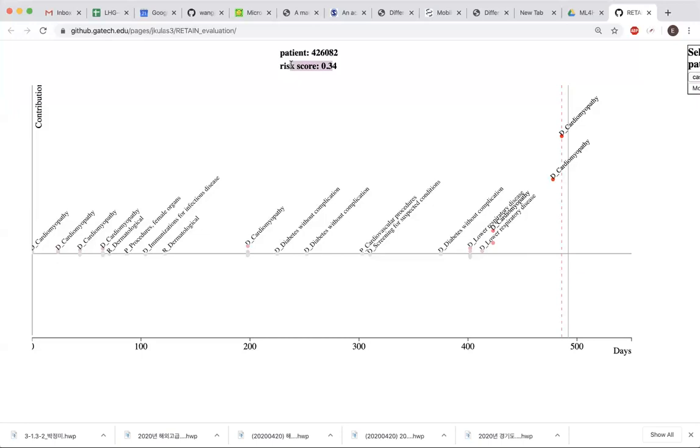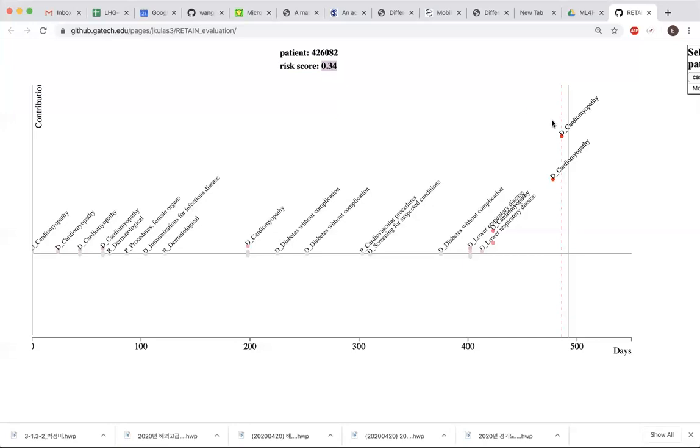So two things were interesting to me. With Retain, you can do this kind of stuff. The accuracy of your prediction is pretty up there with vanilla RNN, so it's almost as good as the GRU or LSTM.